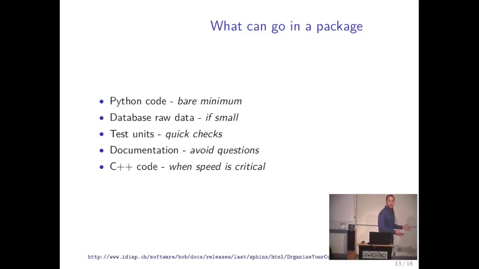If you write good documentation, then people don't come and stop your work, all right? So that's always good. And you can also throw in C++ code. So basically, as Laurent was explaining here, when you find a bottleneck, you can just create C++ code within the satellite package. That is going to be compiled and linked automatically using the same infrastructure I showed you before, okay?